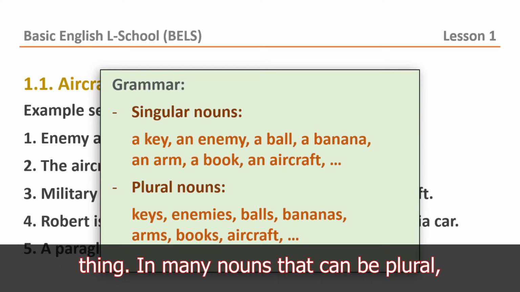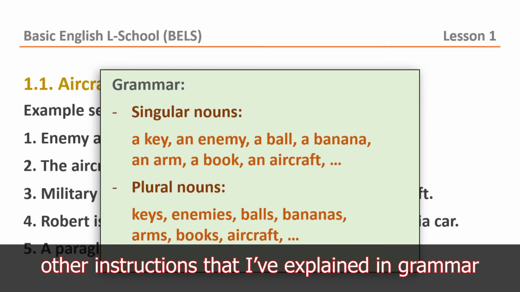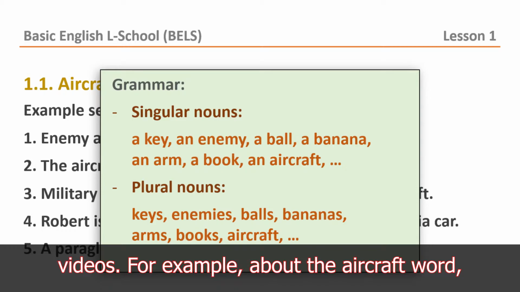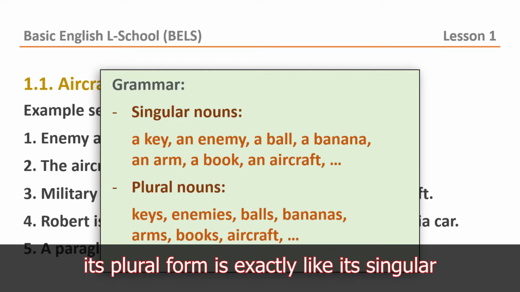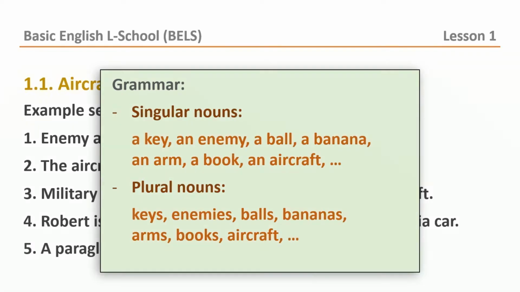In many nouns that can be plural, the sign of plural is S. Of course, there are some other instructions that I've explained in grammar videos. For example, about the aircraft word, its plural form is exactly like its singular form, so it never ends in s.